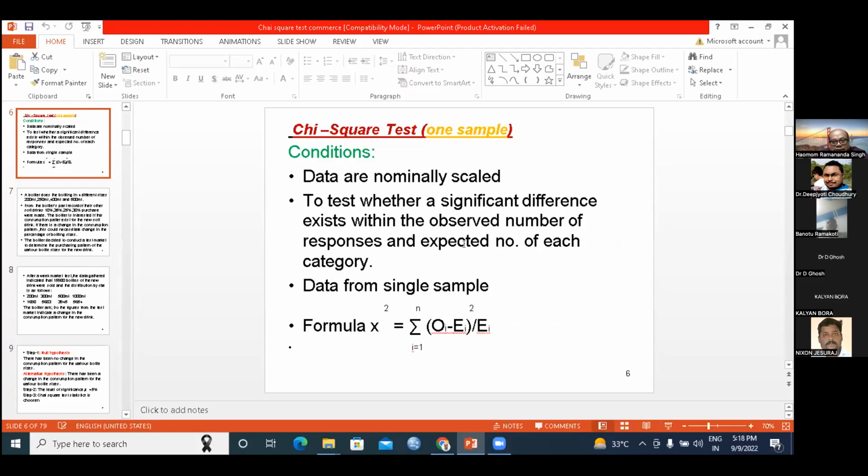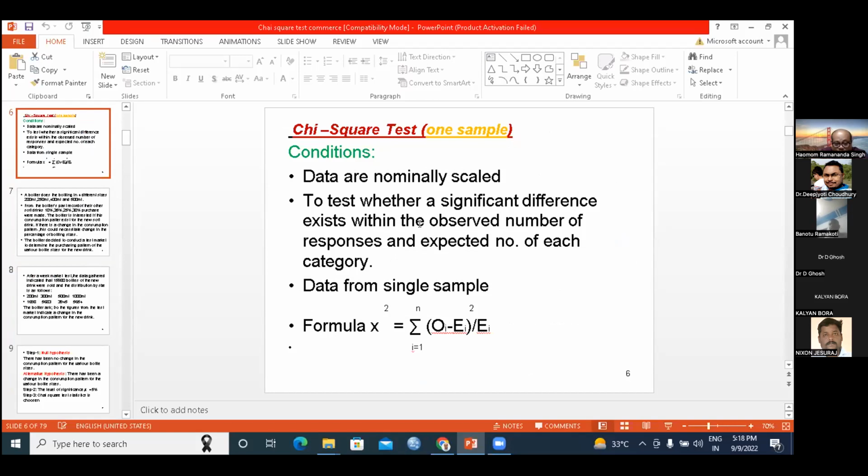These are the conditions. If the conditions are fulfilled, the data are nominally scaled, and your intention is to test the significant difference between observed and expected, then you go for chi-square. We have to check whether my data fulfills the conditions or not. If not, then don't go for that particular test.